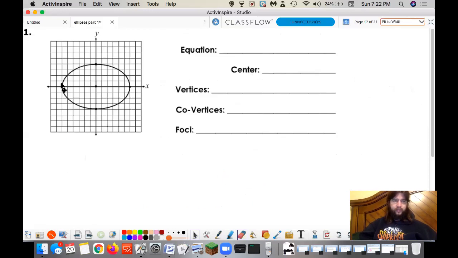So here we go. We've got a nice little graph here. First thing, we're going to figure out what's the center. So difficult on this one, isn't it? A nice 0, 0 here. It asks for the vertices, co-vertices, and foci, so let's just figure them out.